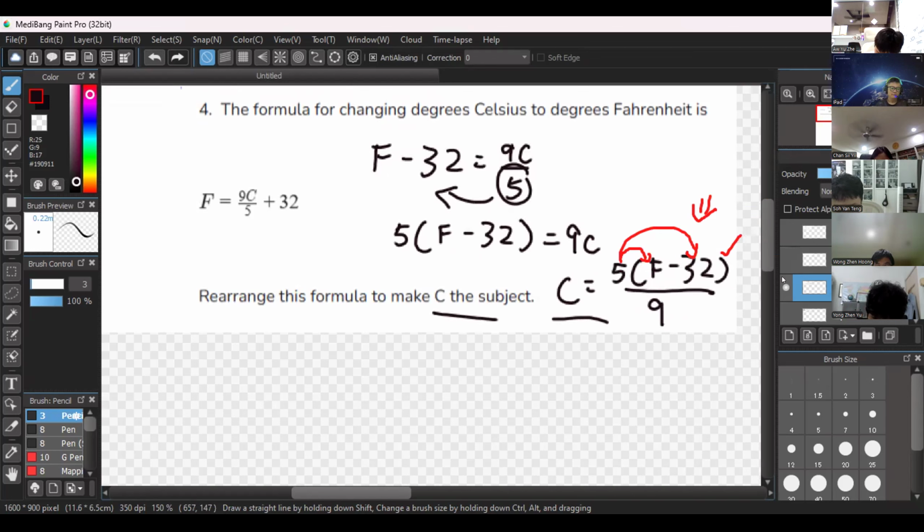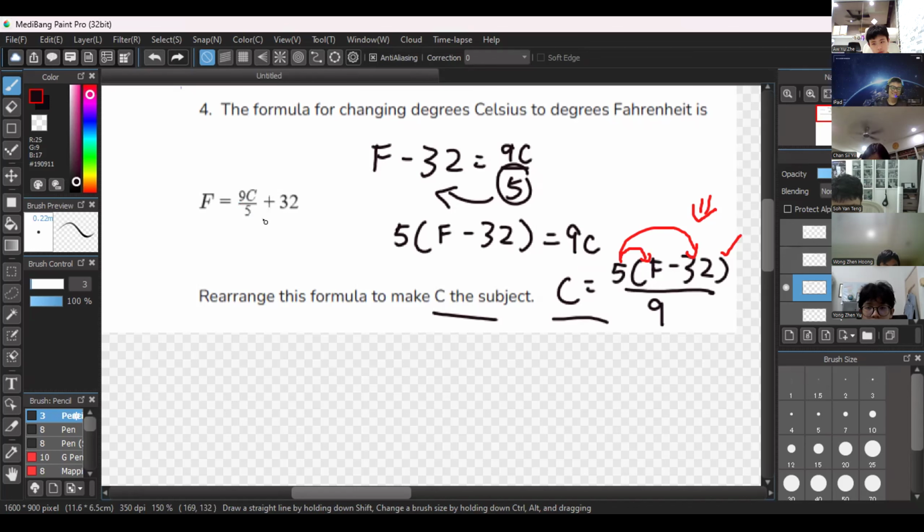Okay. Wait, teacher, is it okay if we move the divide 5 first rather than the 32? Okay, thank you. Thanks for the question. Ling Xuan, you want to answer? So, moving the divide 5 first, can we move it as our first step? Yana, is that your question? Yeah.